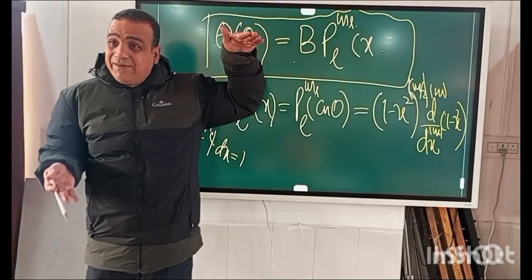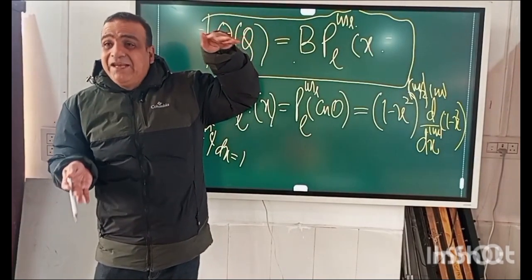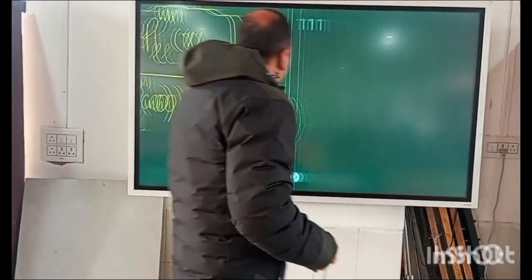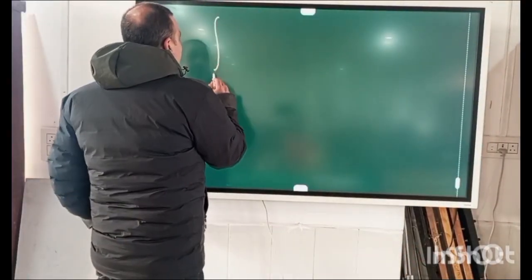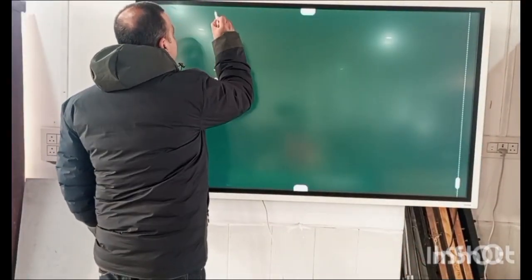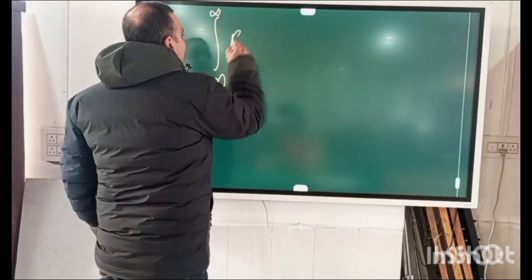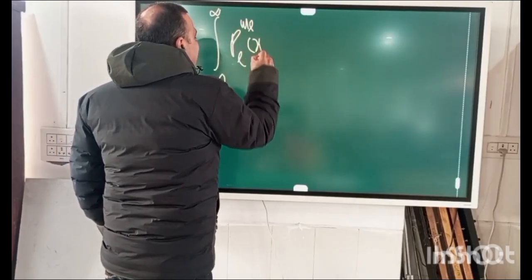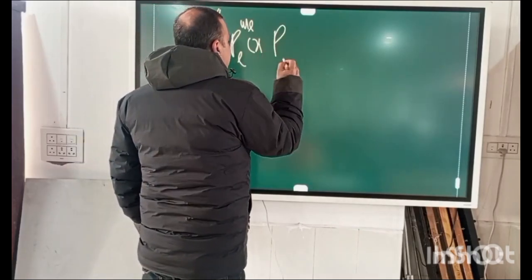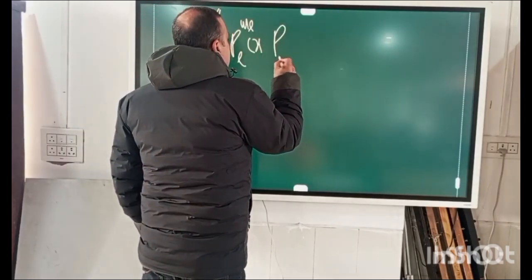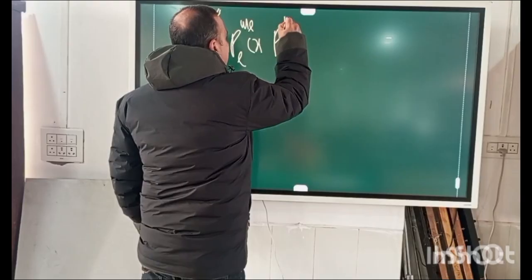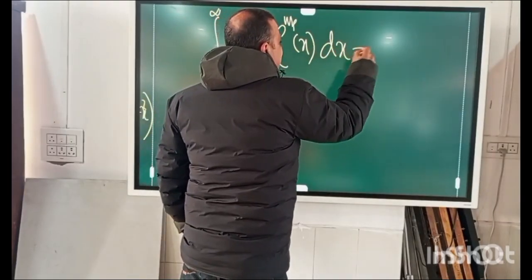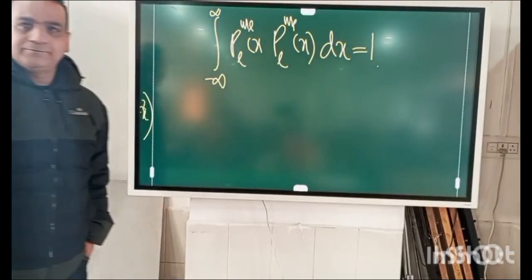But here I have a limiting case, I have defined limits of integration. So I would like to write down that normalization: the integral of P_L^{m_L}(x) P_L^{m_L}(x) dx is equal to 1.